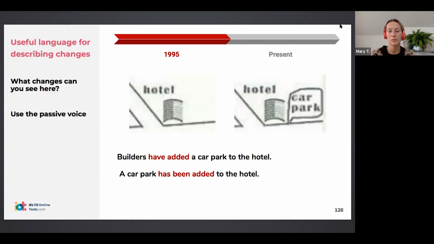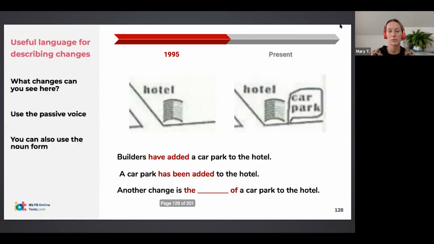Has been added to the hotel, right? So you don't need to include builders because it's obvious who's added it. You can also use the noun form. So another change is the, what's the noun equivalent? Addition, that's right. Addition of a car park to the hotel.